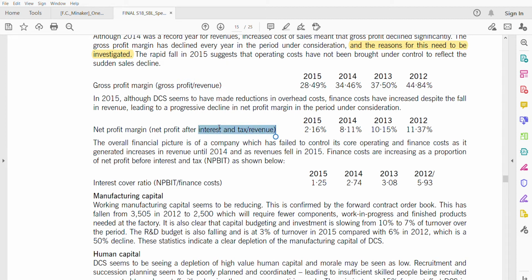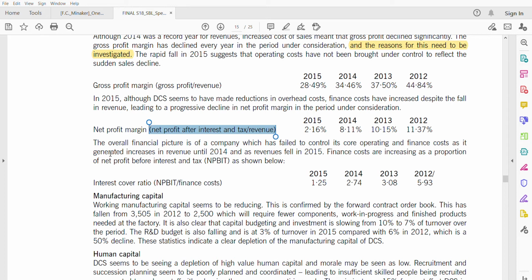The formula is very important. It doesn't matter whether you know or don't know, you have to write the formula, so that when you use the formula, the examiner knows how you have calculated and from which number you have used. Just write the formula next to it, the way they have written net profit margin.